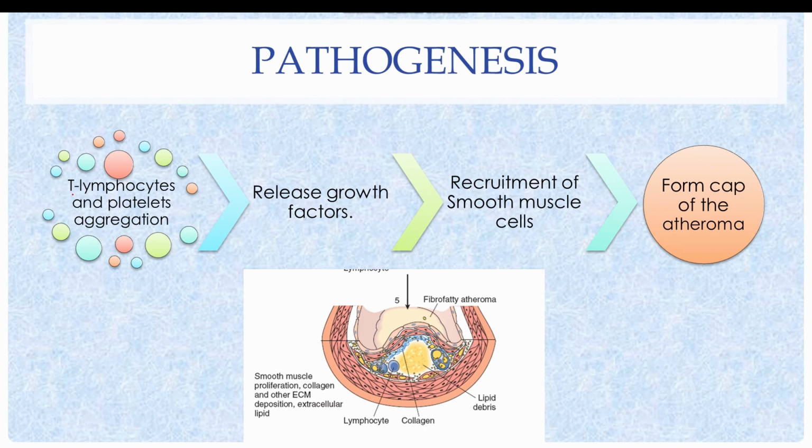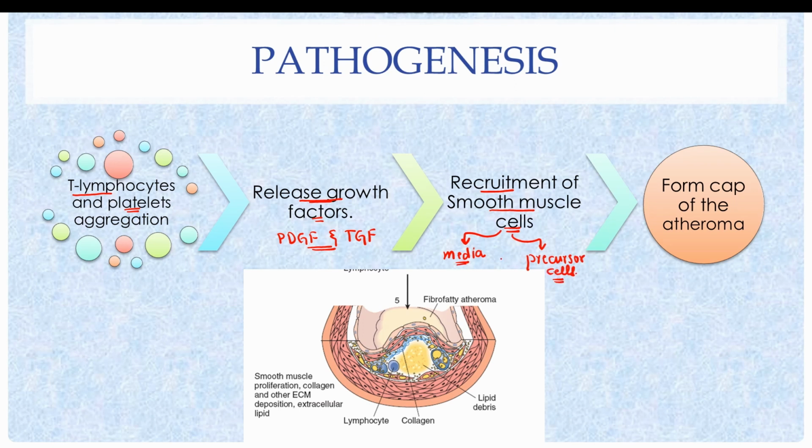There is also aggregation of T lymphocytes and platelets within these atheromatous plaques, which release certain growth factors such as platelet-derived growth factor and transforming growth factor, which recruit the smooth muscle cells. This recruitment of smooth muscle cells could be either from the media or it could be the precursor smooth muscle cells present in the blood.